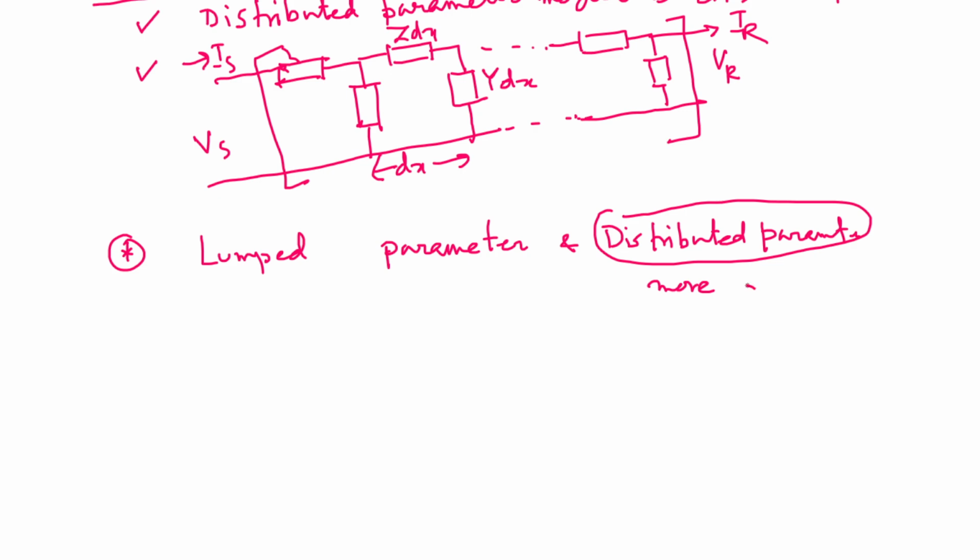However, if you analyze using the lumped parameter model and the distributed parameter model in two different ways, their results should not vary too much. It means the result obtained from the lumped parameter model is not that bad.